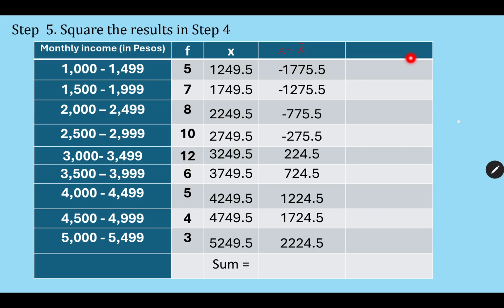The next step would be to square the results of step number 4, which is the last column here. So we will have x minus bar x quantity squared. So this will just be equal to negative 1,775.5 raised to the power of 2, and that will give us 3,152,400.25.